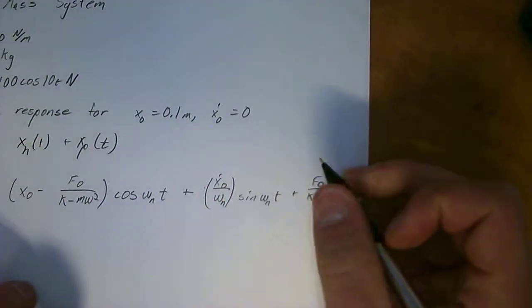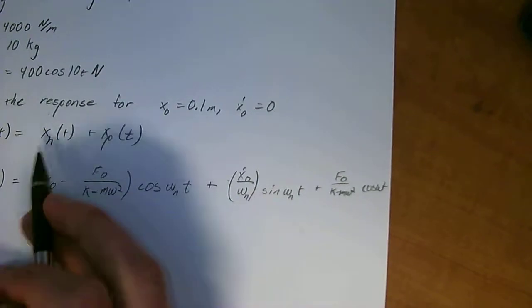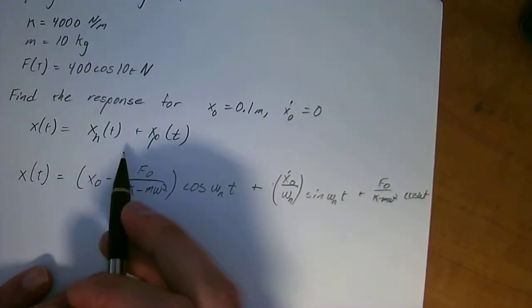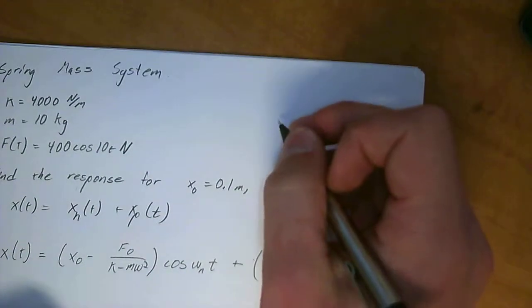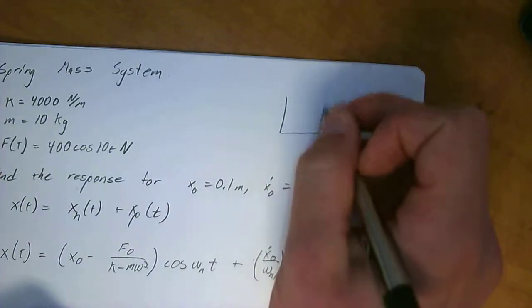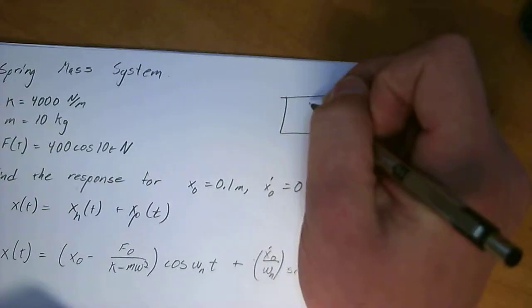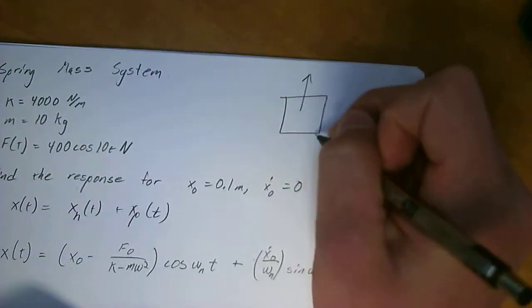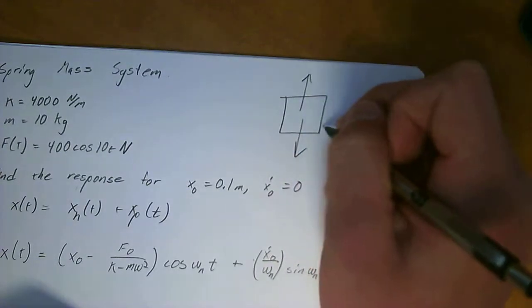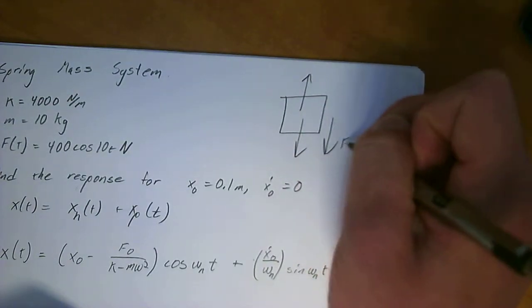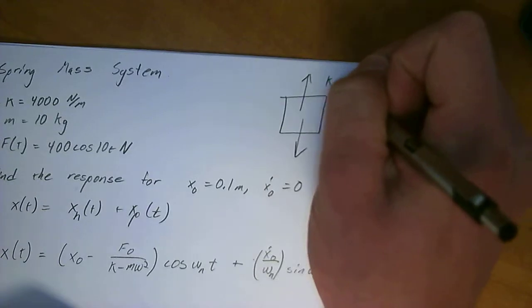And this equation is basically what you get after you've found the equation of motion. You can go up here and say, okay, I have this mass with k acting in this direction, some weight acting in this direction, and the forcing function acting in this direction, so f of t, kx, and so on.